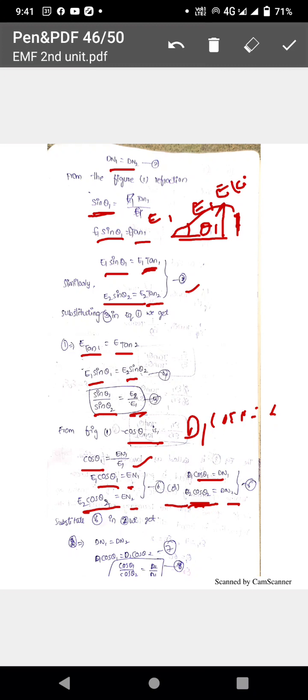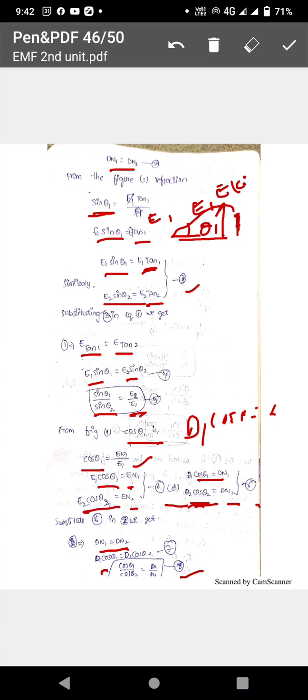Make it as equation 6. Substitute 6, we will get Dn1 equal to Dn2, that is D1 cos theta 1 equal to D2 cos theta 2. From that, cos theta 1 by cos theta 2 equal to D2 by D1, we can write.